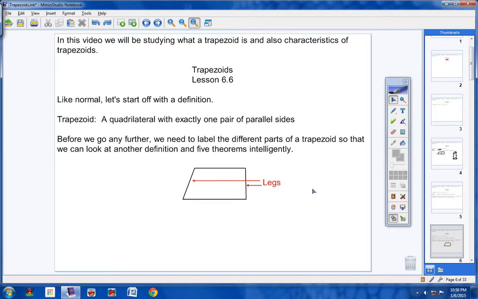The legs are, please make note of this, always the non-parallel sides, always. So I don't care which way your trapezoid is turned, your legs will always be the non-parallel sides. Please make note of that, and please don't forget that.